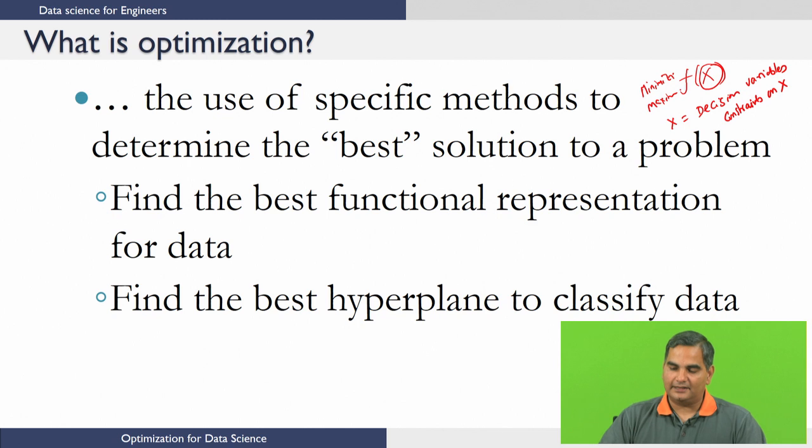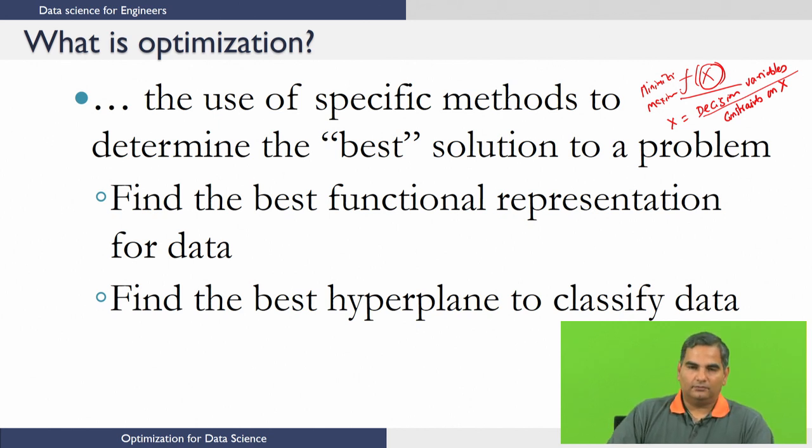So, in that sense, I have an objective which I am trying to maximize or minimize. I have decision variables which I can choose values for that will either maximize or minimize the function. However, I might not have complete control over this x. There might be some restrictions on x, which are the constraints on x, which I have to satisfy while I solve this optimization problem.